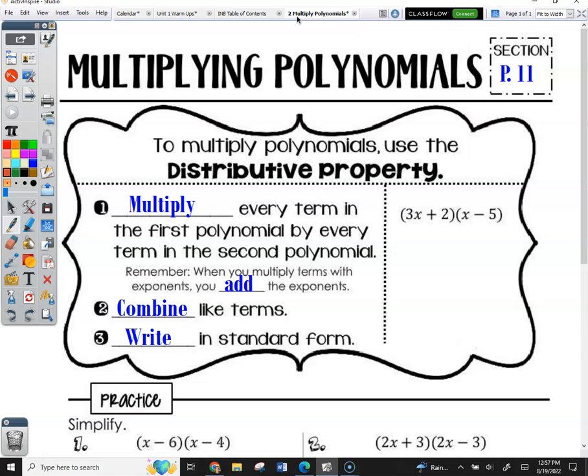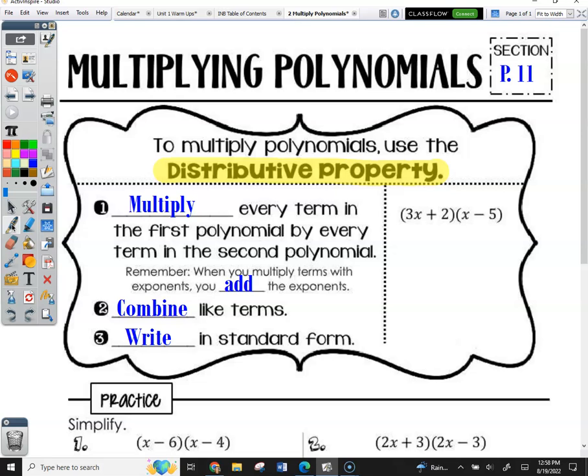Okay, so the first thing you need to know is that when we're multiplying polynomials, we use what's called the distributive property. Last year, you may have been taught the distributive property using the box method. Sound familiar? Okay, the box method works.